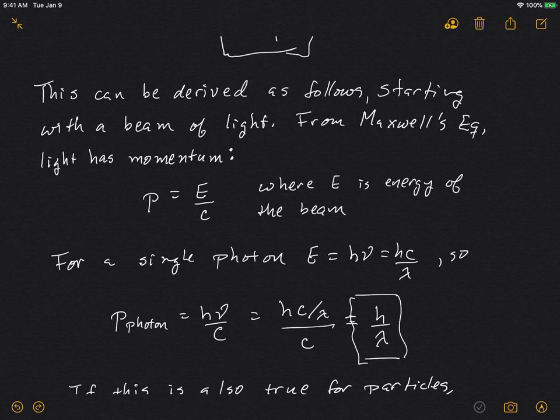And according to Maxwell's equations, light has a momentum. Even though it doesn't have a rest mass, it still has a momentum, which is kind of interesting, but nevertheless true. It's been observed many times, and it's the basis of a lot of concepts that are pretty solid.